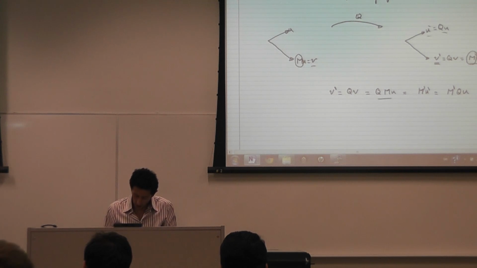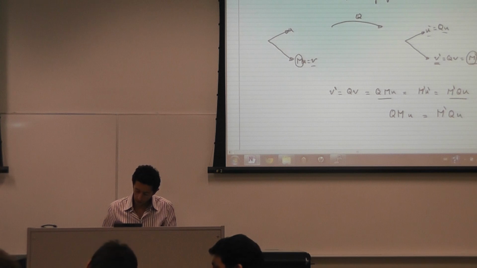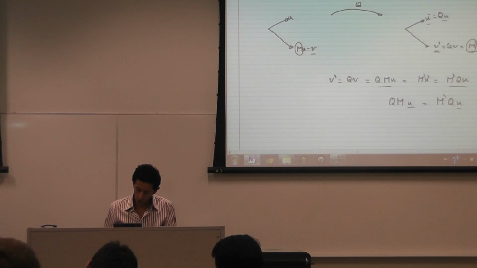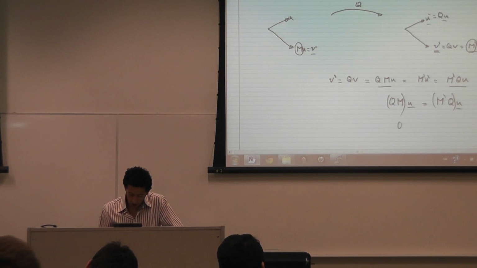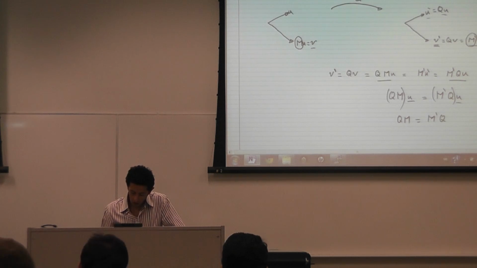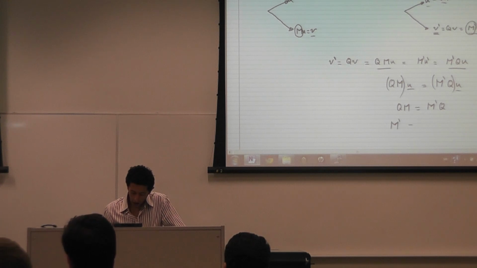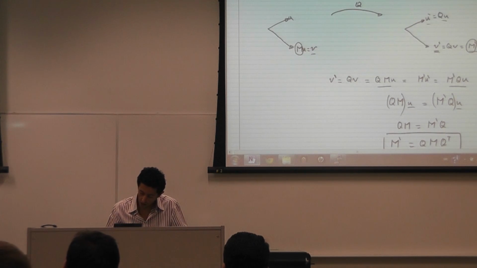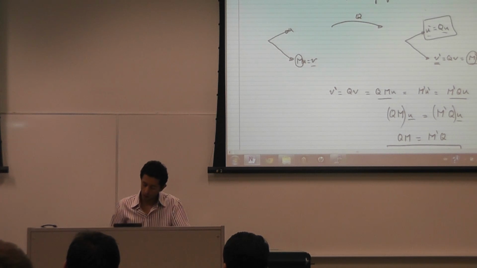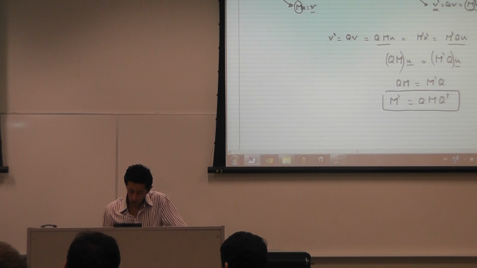So, I'm going to look at this and this. The matrix QM times u is equal to the matrix M prime Q times u. U is arbitrary, which means the action of this matrix is equal to the action of this matrix, which means that this matrix is equal to this matrix. Q is an orthogonal matrix, so then M prime is equal to Q M Q transpose. So vectors translate using this formula, and matrices translate using this new formula.